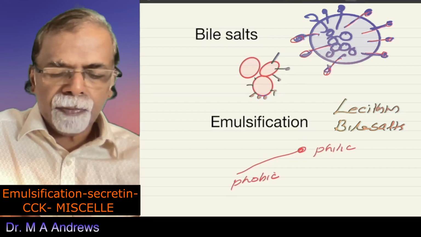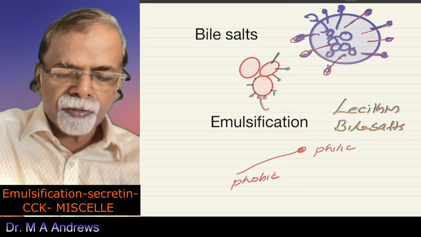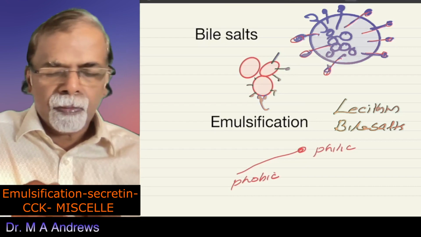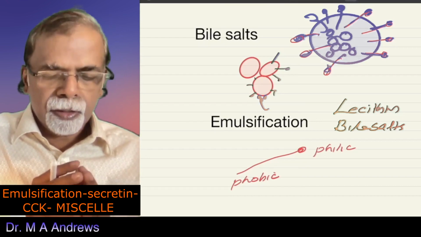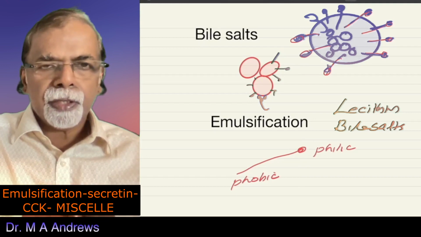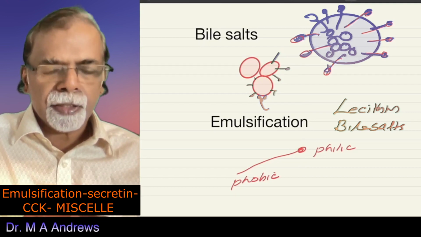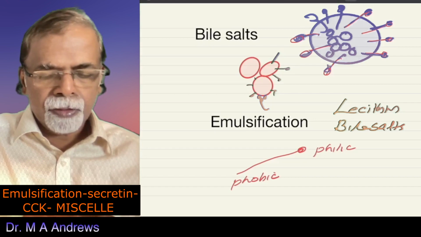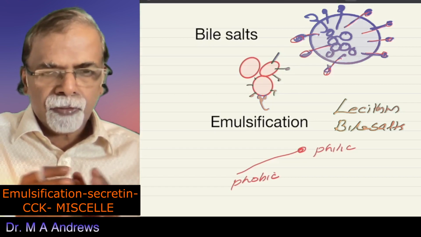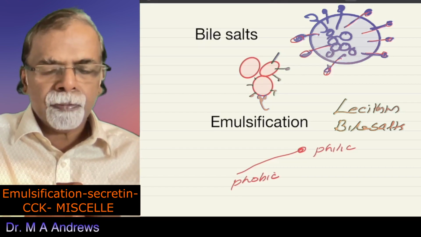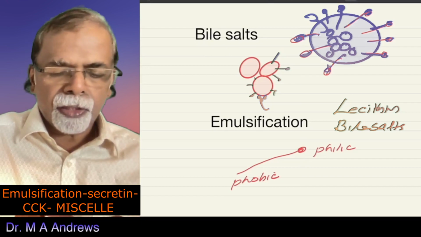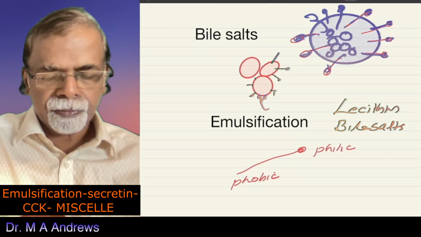And once this co-lipase is attached, the lipase will come and do the digestion of the triglycerides and other esters. So these fat droplets are called the micelle, or otherwise mixed micelle.